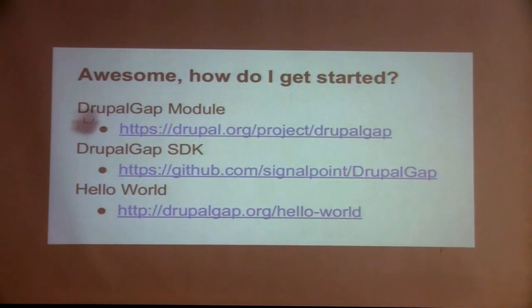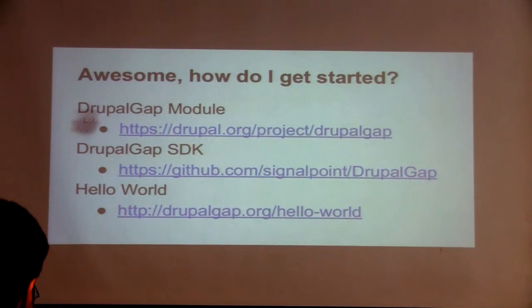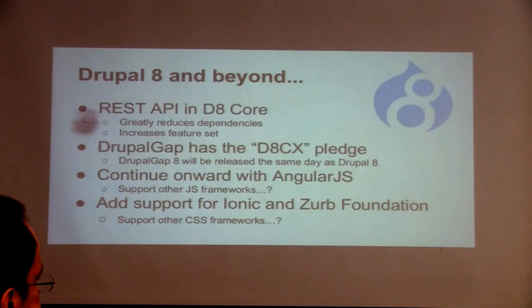DrupalGap 2, as I mentioned, alpha was released 2 weeks ago, so not production ready, but looking ahead to the future for sure. These slides are attached to the session node on the camp website, if you want to check that, or if you need the slides at all. My buddy Joe was kind enough to take video, so we'll also have that posted as well.